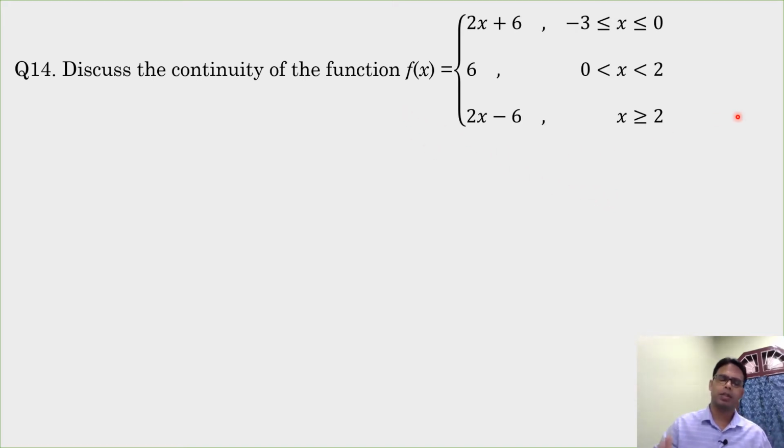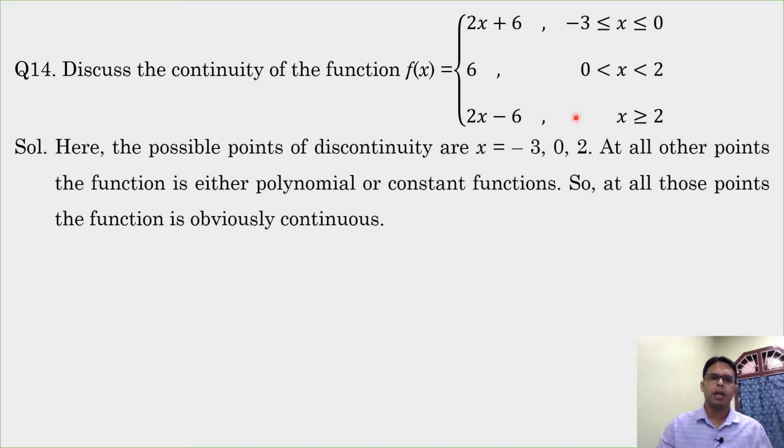Now let's solve this question. It is actually an easy question and slightly differs from the previous problems. The first line is the same. Here the possible points of discontinuity are x equal to -3, 0 and 2.